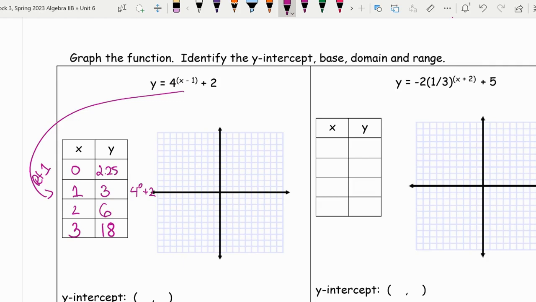All right, so I know my asymptote this time is at 2. Zero is at 2.25. 1 is 3. 2 is 6. And 3 is 18, way up here. Sketching this graph, keeping in mind my horizontal asymptote is at 2.